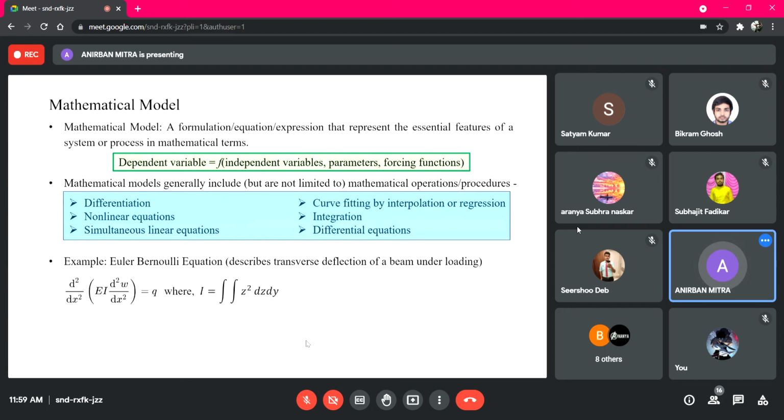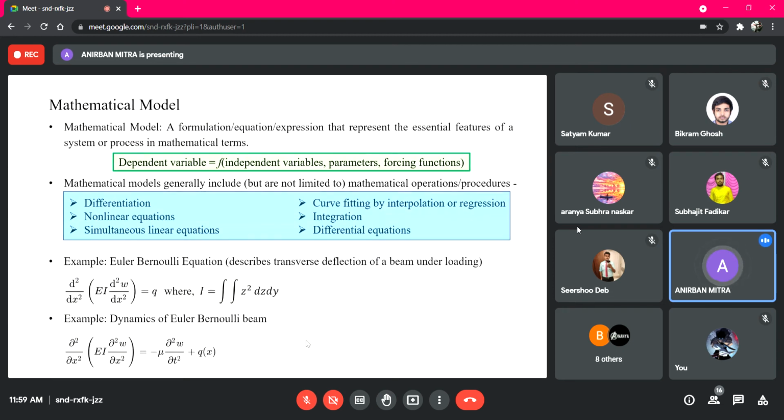Also, note that here we have the parameter I, which is the moment of inertia. And it is expressed as a double integration over z square dz dy. Similarly, the dynamics of Euler-Bernoulli beam can be expressed in terms of partial differential equation. The previous one was an ordinary differential equation.